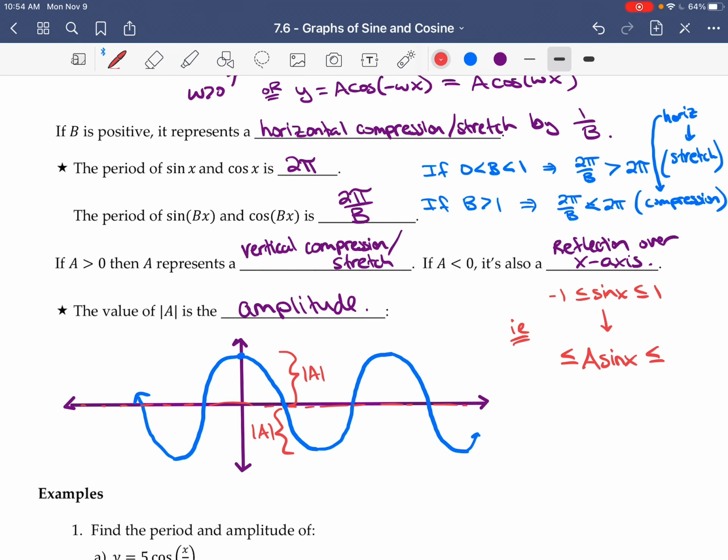If I multiply everything by A, I actually want to multiply by the absolute value of A just to make sure that this side is the -1. So A sine x is stuck between negative absolute value of A and positive absolute value of A. Similarly, A cosine of x is stuck between these same things. So that's what we mean by the amplitude.